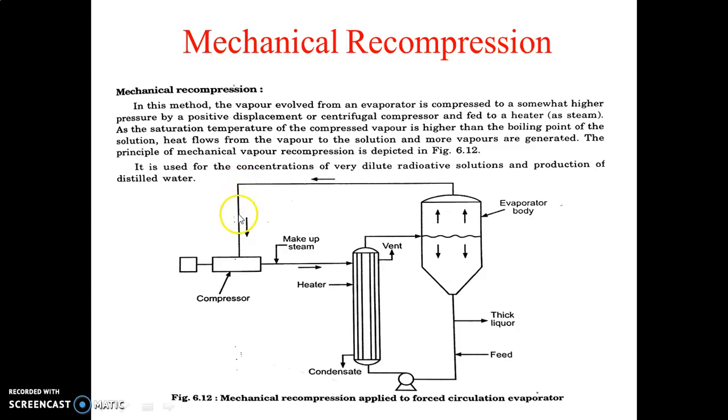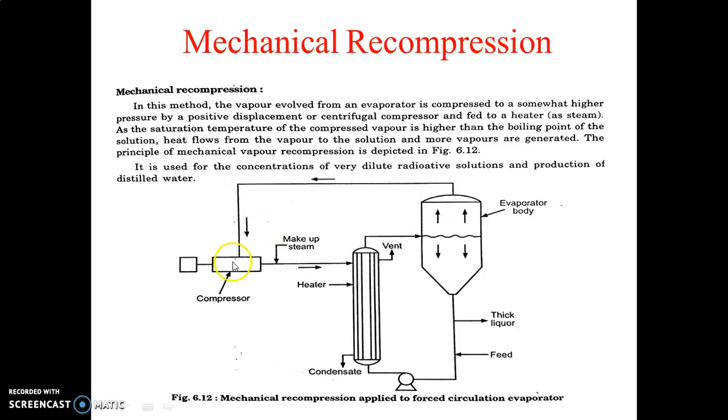You add that vapor into the compressor. In the compressor, the pressure of the vapor is increased, and delta T, the temperature difference, is increased. This vapor is added with some makeup steam. That means if the vapor has some losses, they should be made up by adding makeup steam, and then it is fed as a heating medium to this heater.